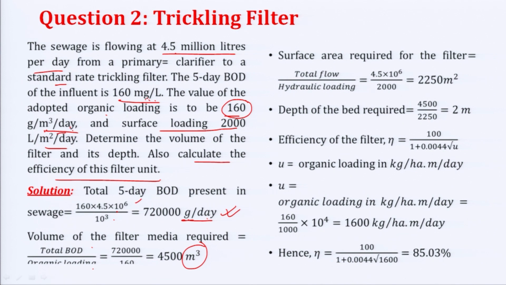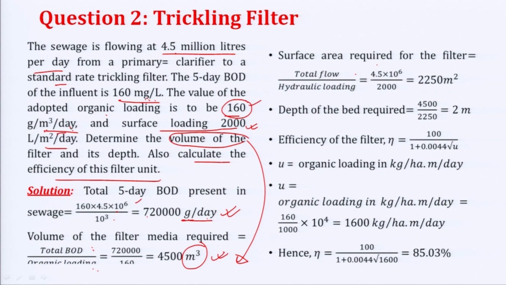So, the volume of the filter media required is total BOD by organic loading, that is 720,000 divided by 160 grams per meter cube per day, which gives a volume of 4500 meter cube. Now, once you have the volume, you can easily calculate the surface area. The surface area required for the filter is total flow by the hydraulic loading, the surface loading.